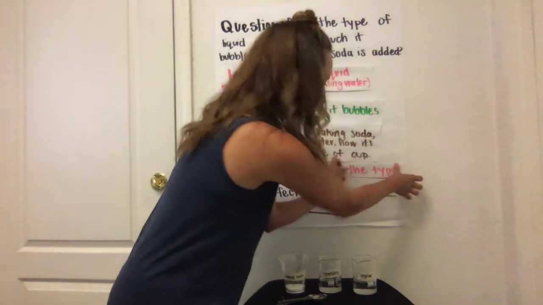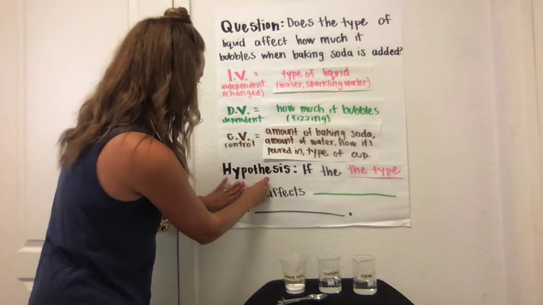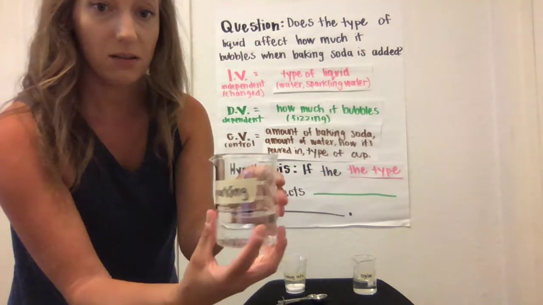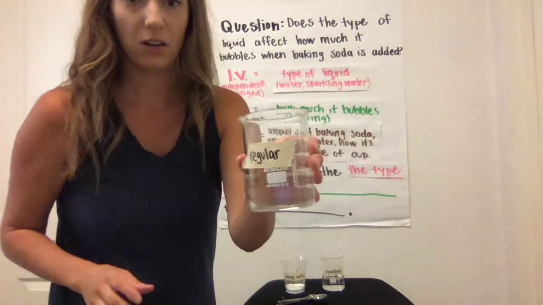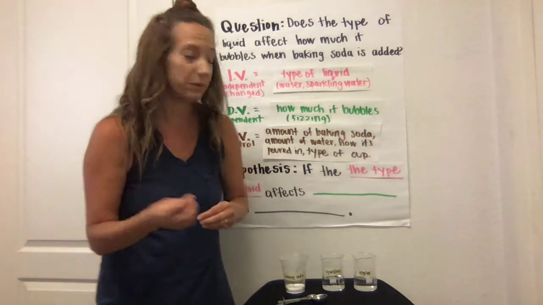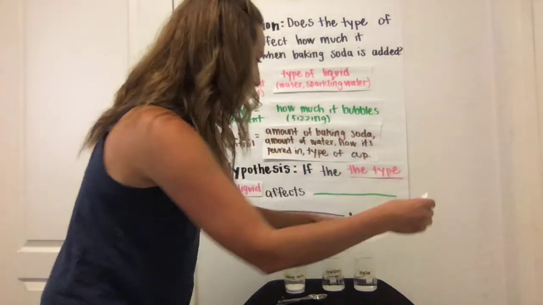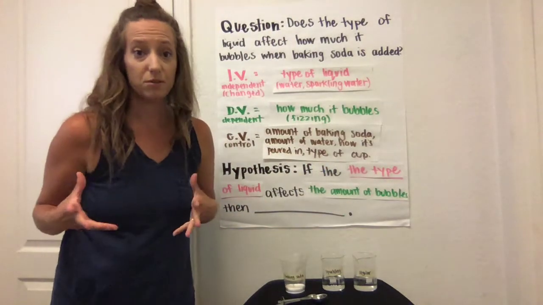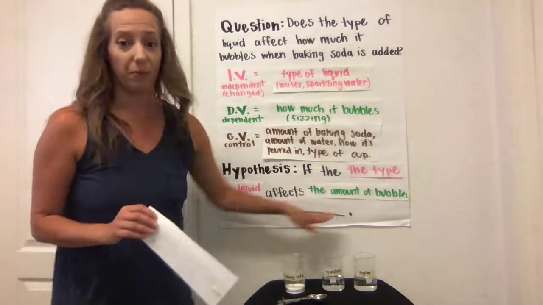Now, for my hypothesis, I'm going to say if the type of liquid, so that is going to be my sparkling water versus my regular or just plain water. That is the thing I'm changing on purpose. So if the type of liquid affects the amount it bubbles, or the amount of bubbles that are created, then, and I'm going to put my thinking here.